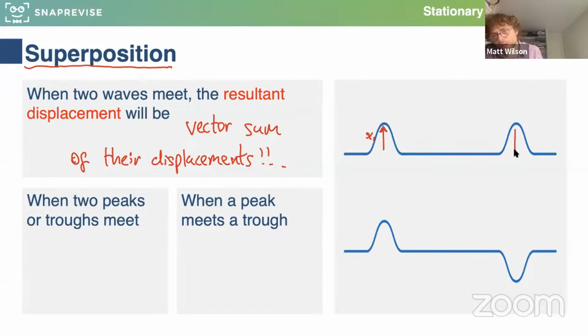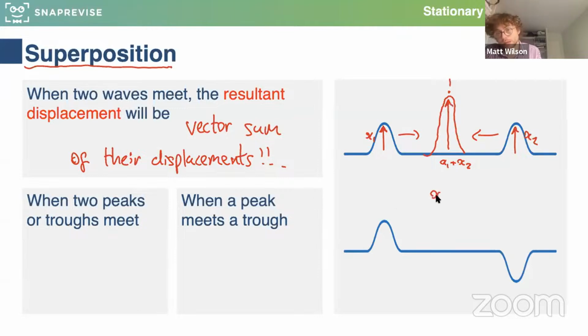Let's say we have this wave here, which has an amplitude of x2. And let's say that they're traveling into each other. So at some point in the middle, they're going to meet. When they meet, this rule says we should sum their displacements. So when they meet in the middle, we'll get a new wave whose displacement is x1 plus x2. Okay.